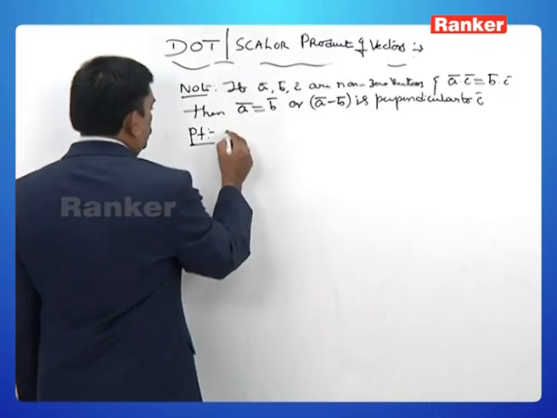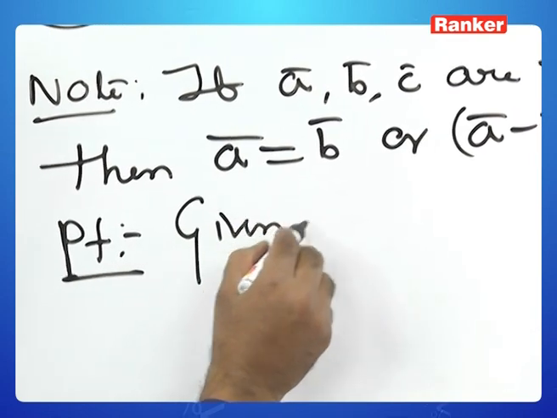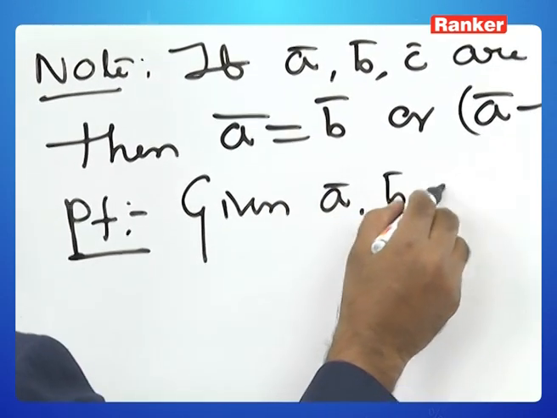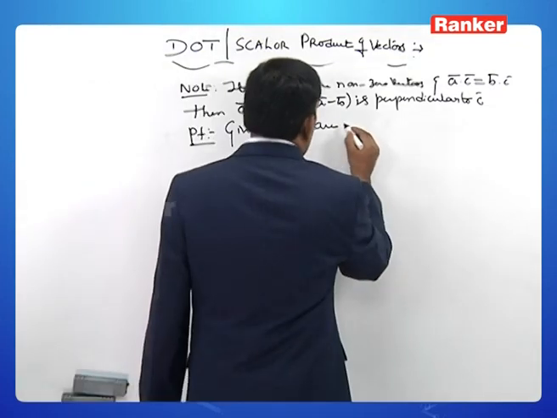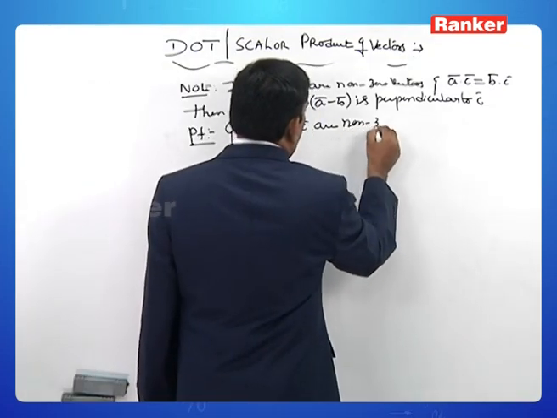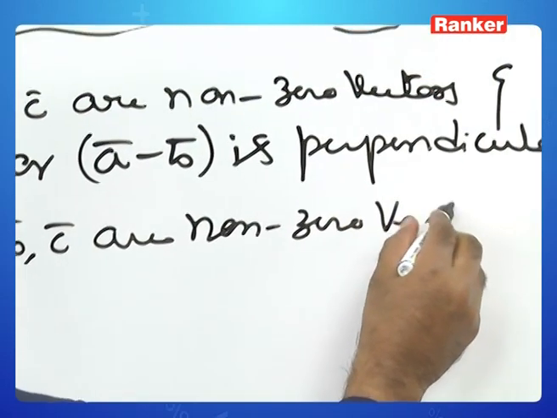Now, given A bar, B bar, C bar are non-zero vectors.